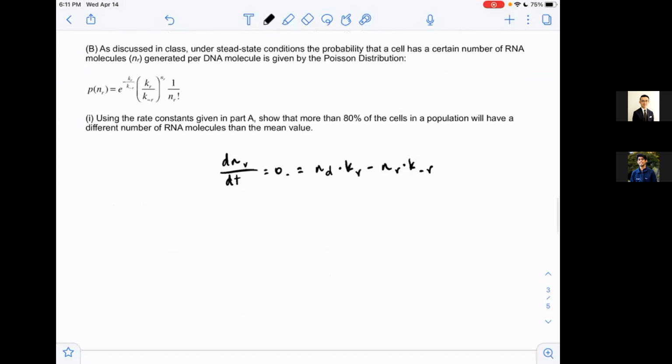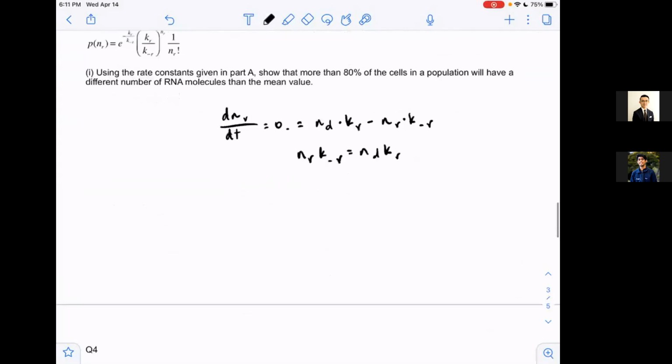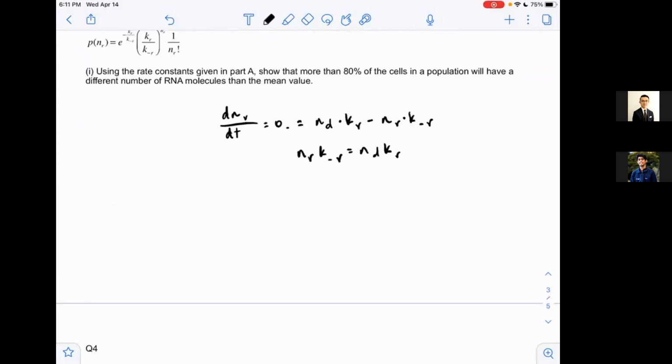If we rearrange this, we get N_R K_negative_R equals N_D K_R. And then we can rearrange a little bit more to get N_R is equal to N_D K_R over K_negative_R. And these are all averages, so we can write them as their average terms.